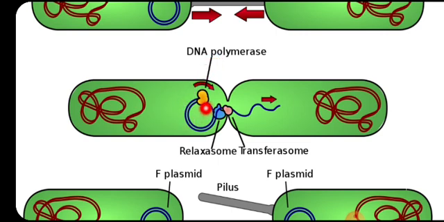So DNA polymerase synthesizes a new strand, and then with the help of replication machinery and transport proteins like relaxosome and transferasome, these are the proteins which are involved in the transfer. Using DNA polymerase, new strands are synthesized, and these strands are then transported to the recipient cell's cytoplasm.